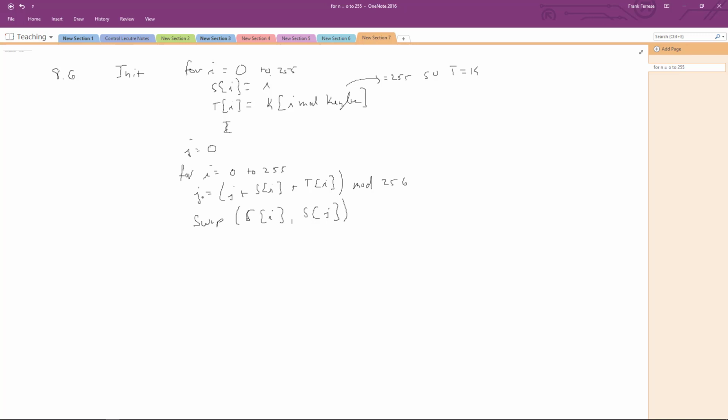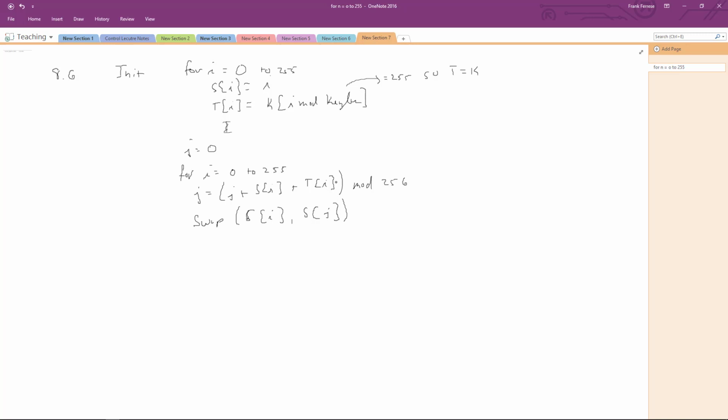So if we move one step back, we're taking the ith and the jth. So i is going to go from 0 to 255. We're going to move along S, and we're going to swap the ith component and the jth component. So again, i is just incrementing one by one, but j is changing by this.